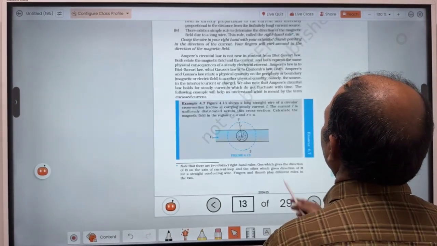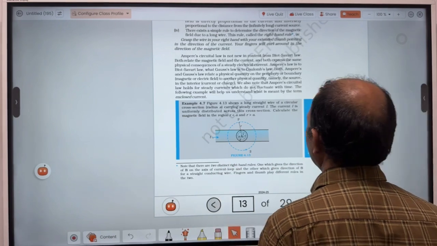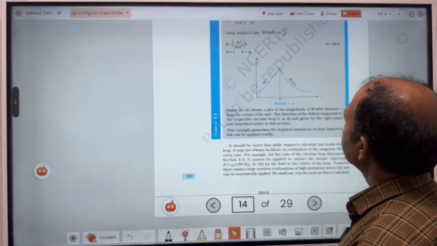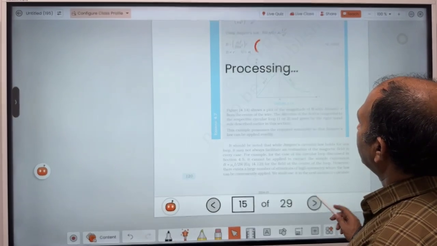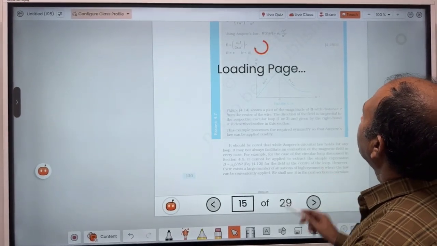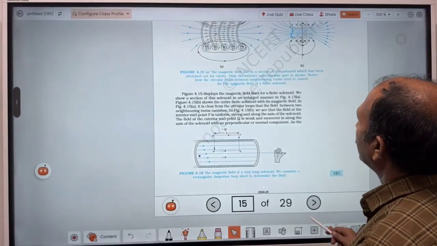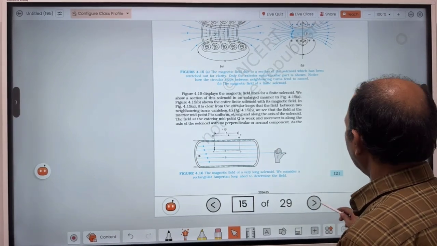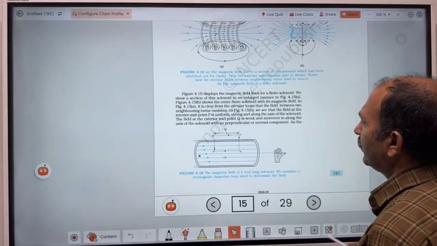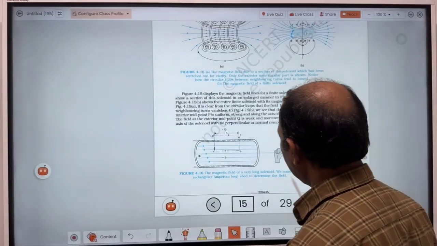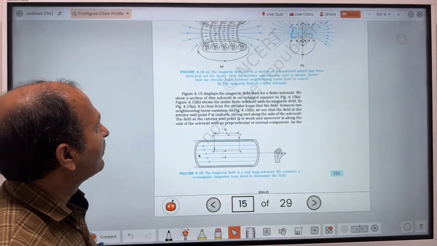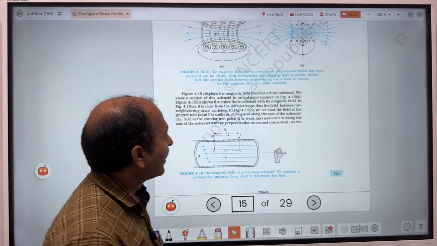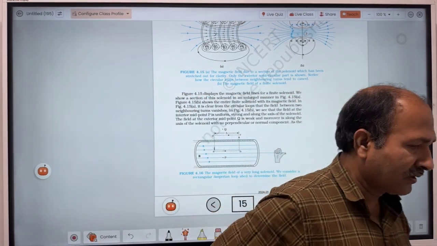After that there will be one very important question based on Ampere's Circuital law. This is frequently asked in exams, and the graph for that. And then there will be the expression for force between two conductors. This is the magnetic field due to a solenoid, and 3-4 things are there that we have to study, and then the chapter will be over. A lot of things are removed from the CBSE syllabus.